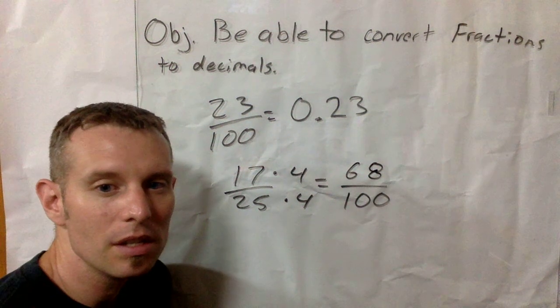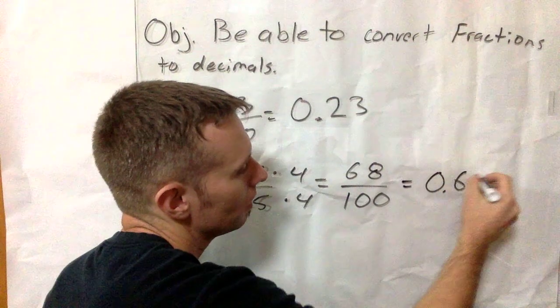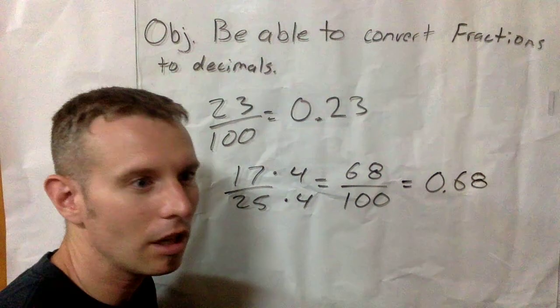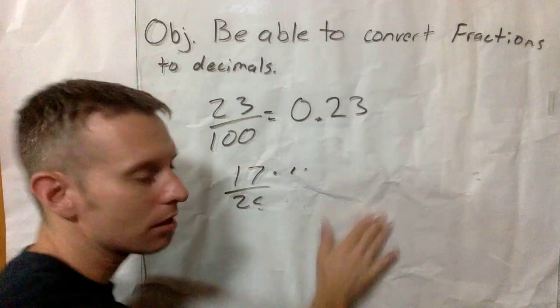Now I have 68 hundredths, and that is 0.68. Piece of cake. I'll just do one more, last one for you.